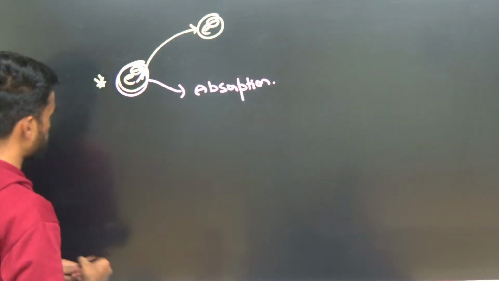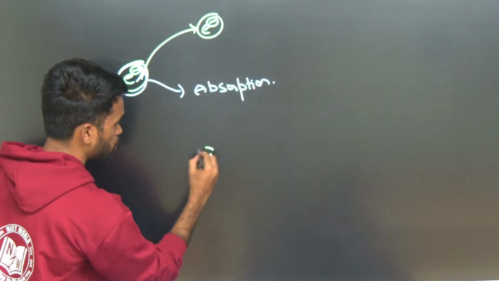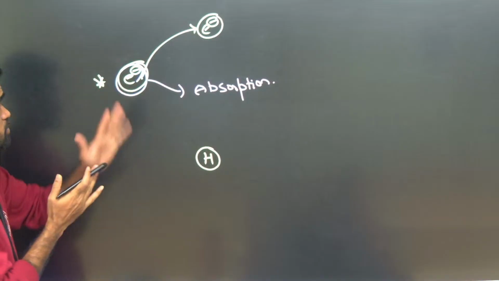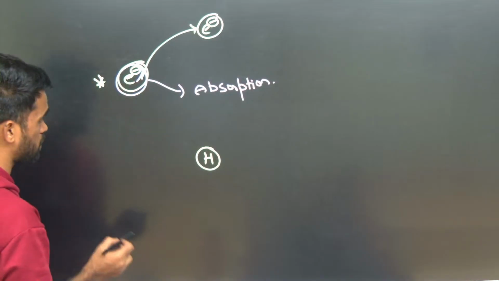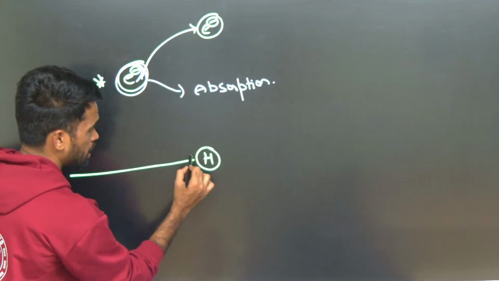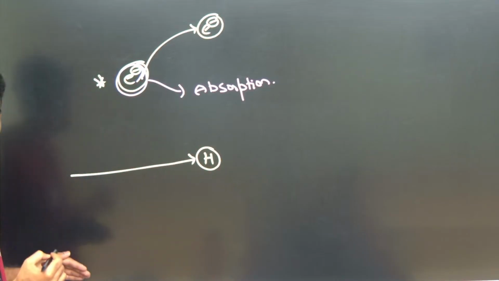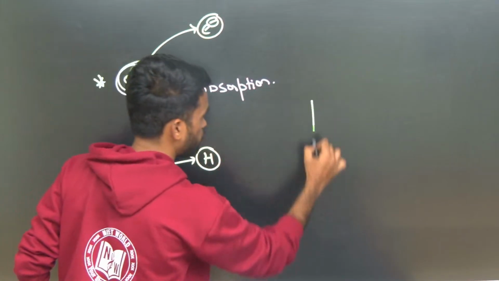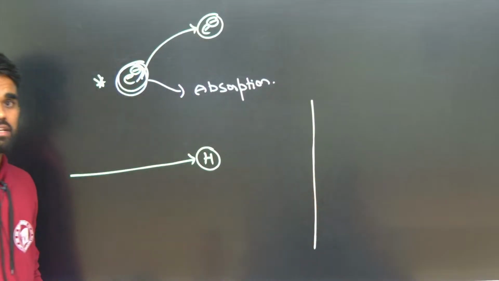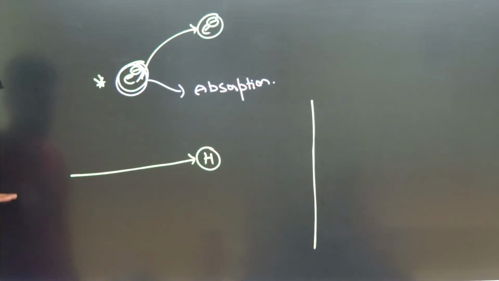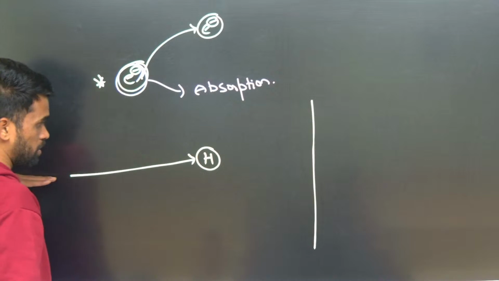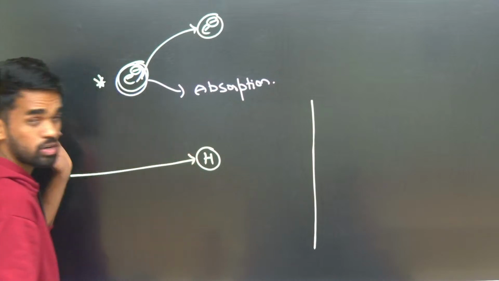See, very simple. Here I have a hydrogen atom. I just want to explain to you this absorption spectra and emission spectra. Now I am passing light of different wavelengths here, and here I am placing one photographic plate. The light is incident on this hydrogen atom.